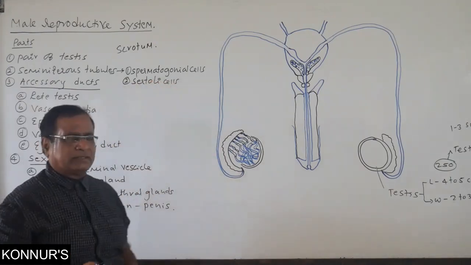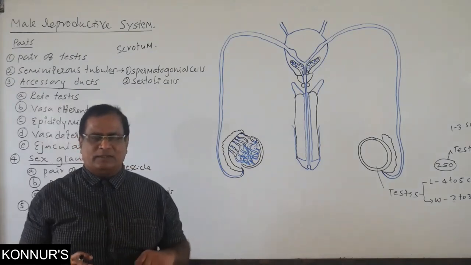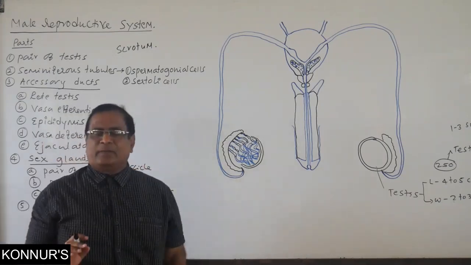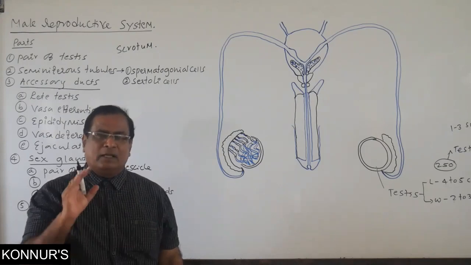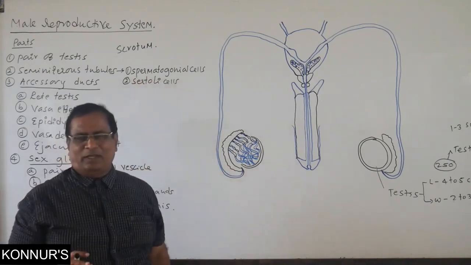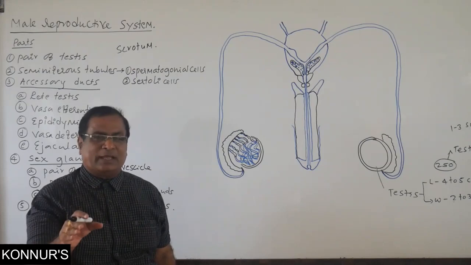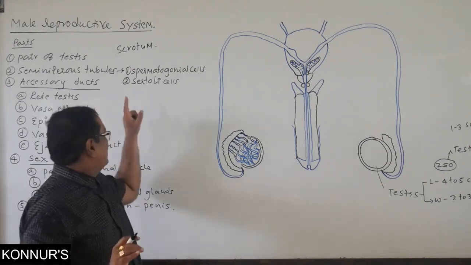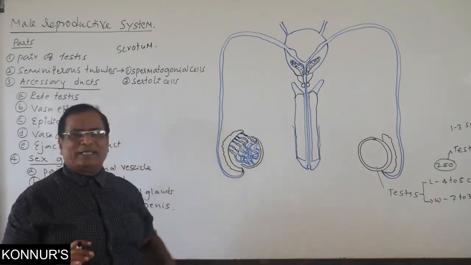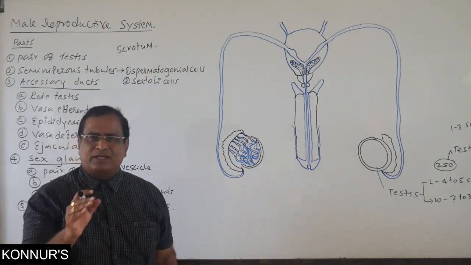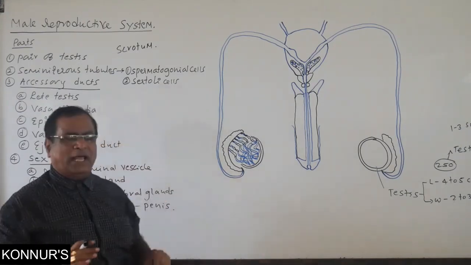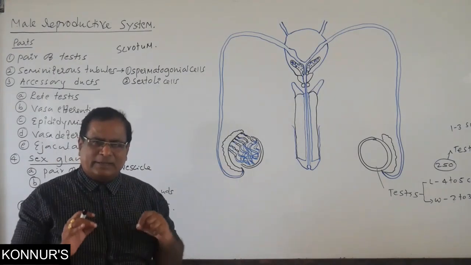These Sertoli cells are meant for the nourishment of the germ cells, the spermatogonial cells. Spermatogonial cells produce gametes, so they are considered germ cells, reproductive cells, and Sertoli cells provide them nourishment.